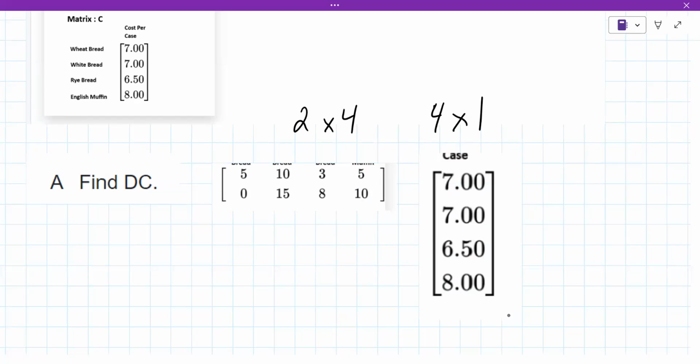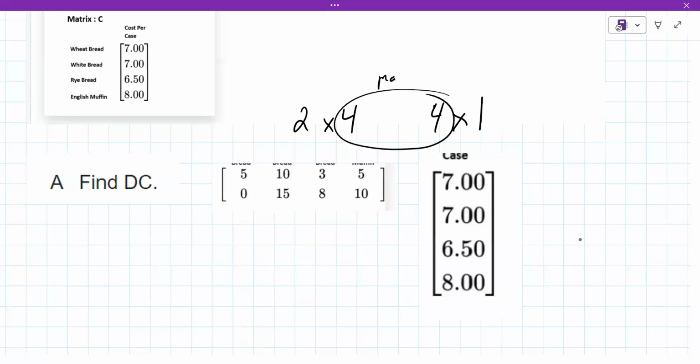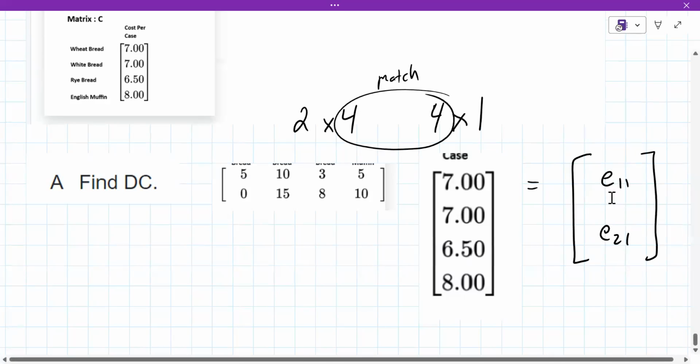The first one is D, the second one is C. The inner dimensions match, so your result is a 2-row by 1 column. E11, E21. 2 rows, 1 column.